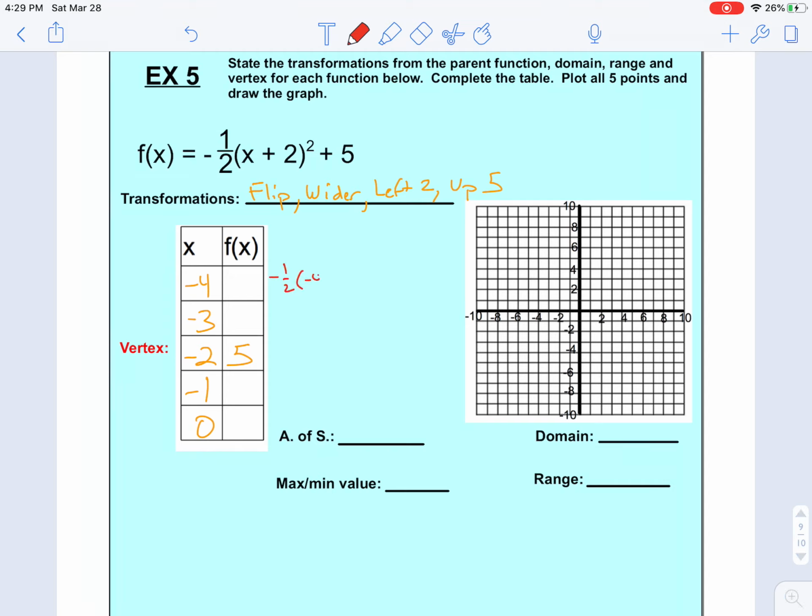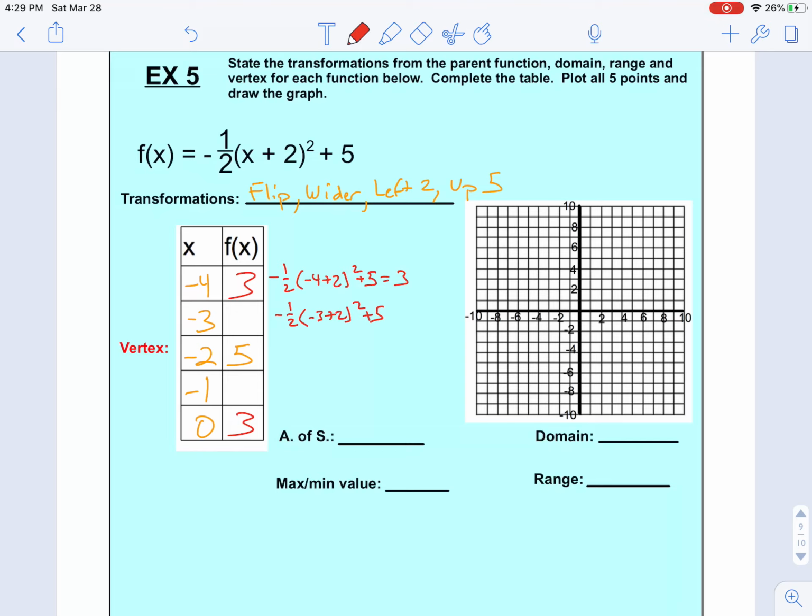All right. -1/2 times -4 plus 2 squared plus 5. -1/2 times -3 plus 2 squared plus 5. All right, -4 plus 2 is -2 squared is 4 times -1/2 is -2 plus 5, 3.